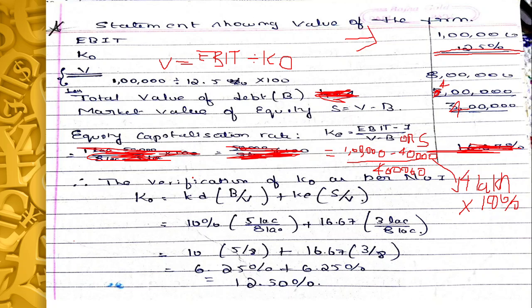Or when you have to mention it in terms of percentage, you will have to multiply it by 100. That is necessary for you to find out the value of K0. Okay?